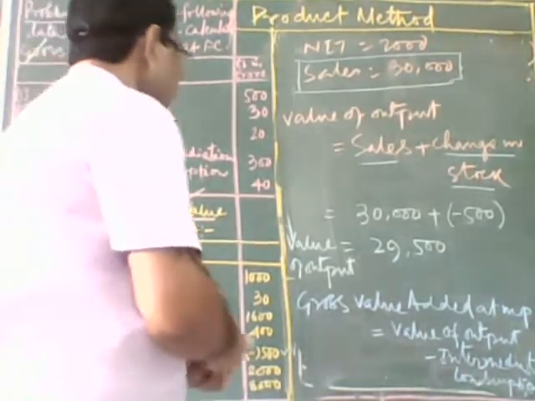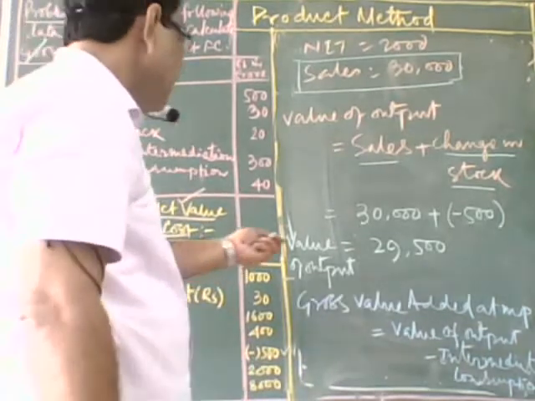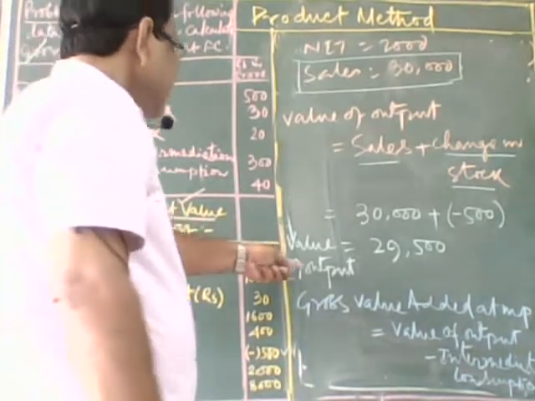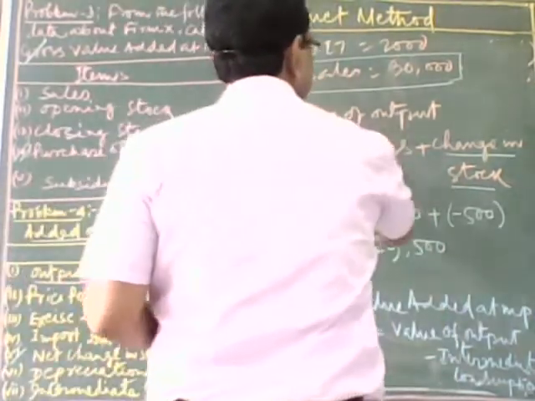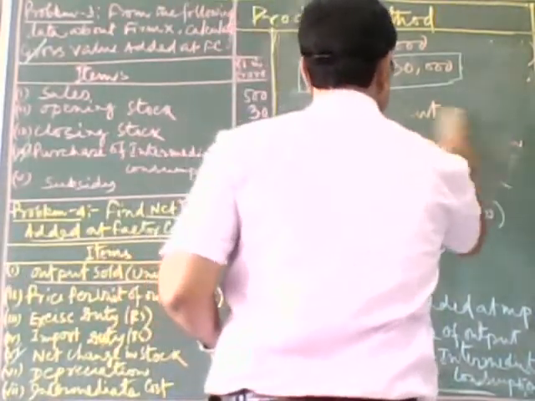Again, already we have calculated the value of output. That value is 29,500.